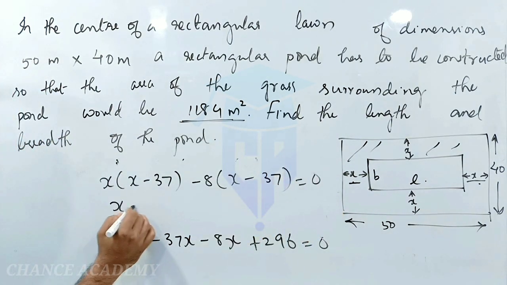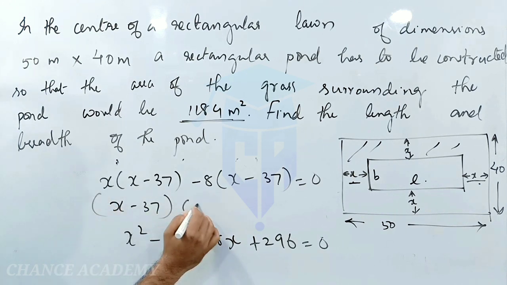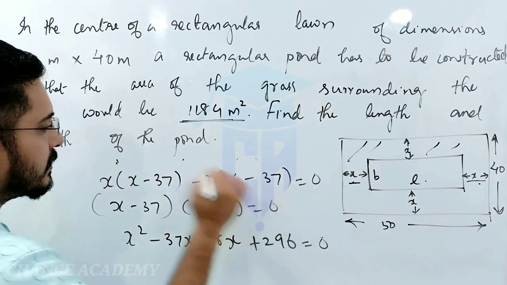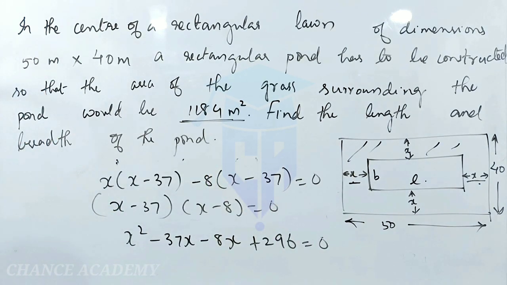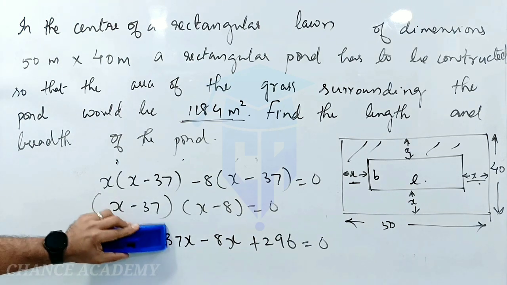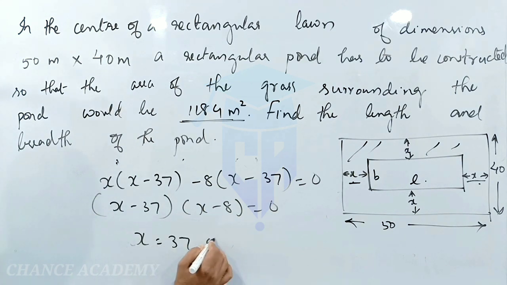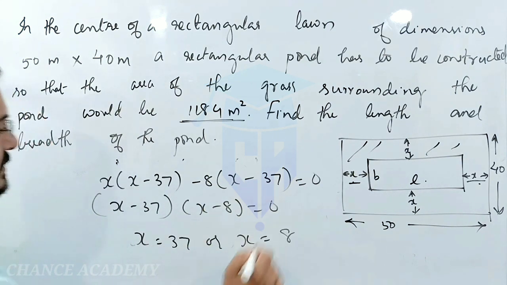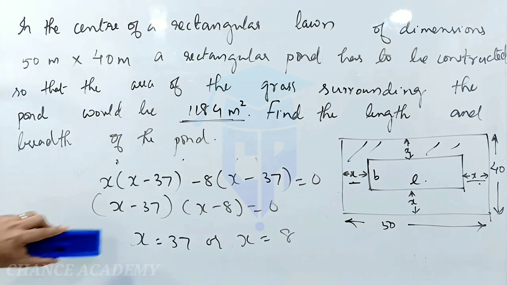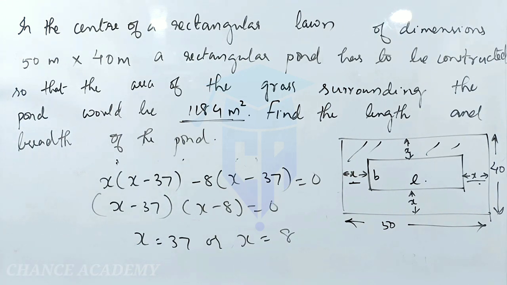So you can group this as x minus 37 into x minus 8 is equal to 0. Now finally we have the values of x. So x can be 37 or it can be 8. Now we got x is equal to 37 or x equal to 8.